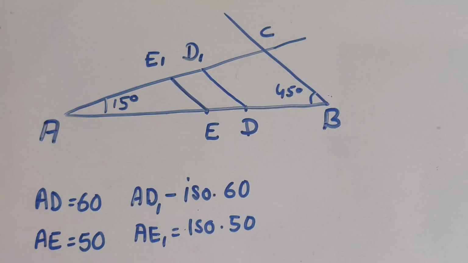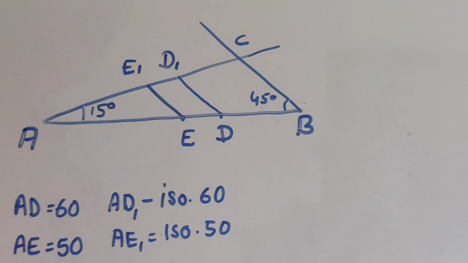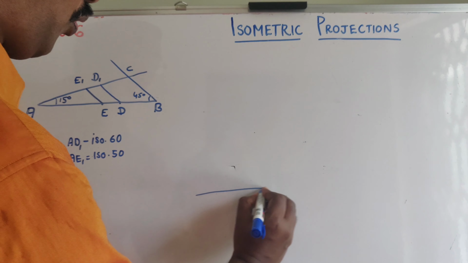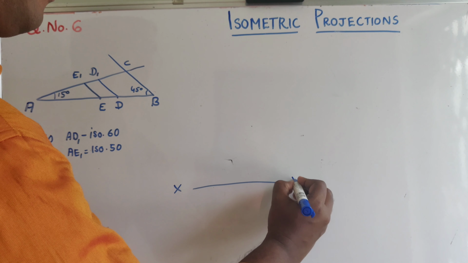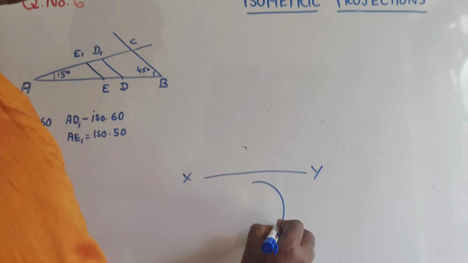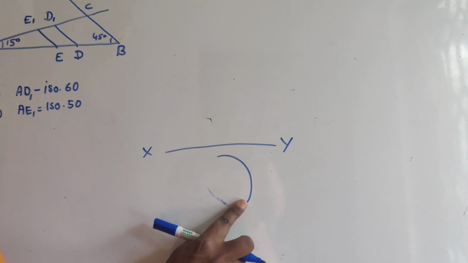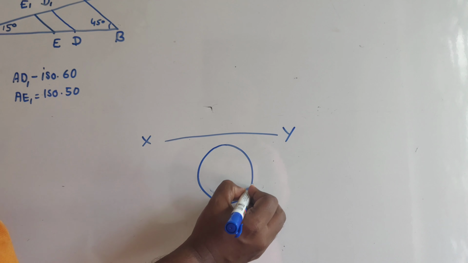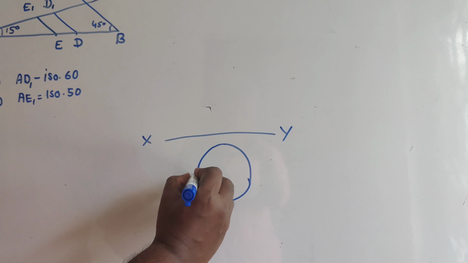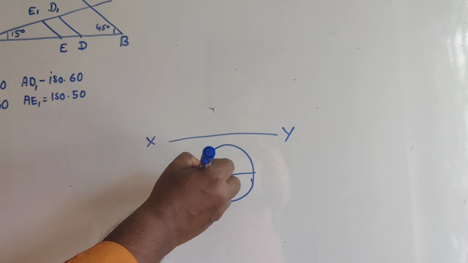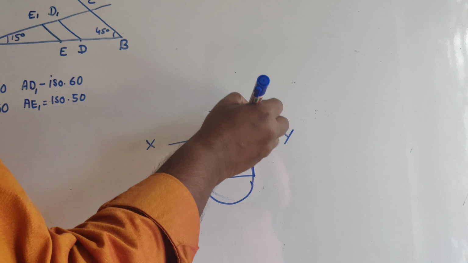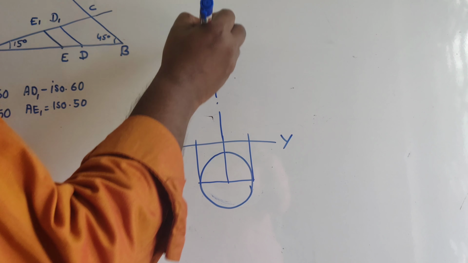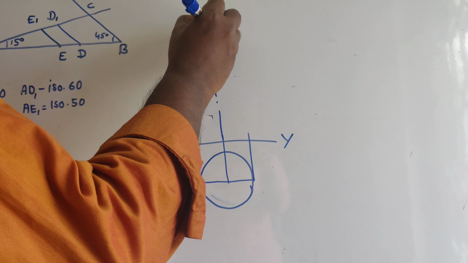Now we will try to draw the problem. So here the simple position, you know how to draw the simple position of a cone. It is only the XY line. You are having a circle. So from here, you can have the axis. You know the height of the solid.